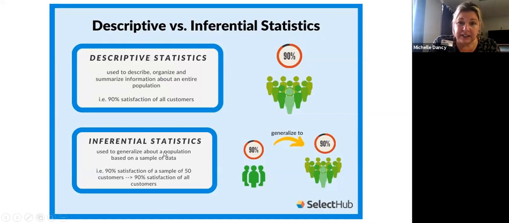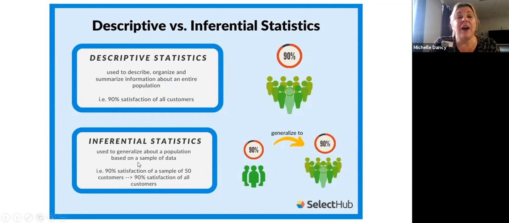Inferential statistics, I would take a sample, and if my sample had a 90% satisfaction rate, then I would generalize that or draw a conclusion about my population that says 90% of the whole population had a good satisfaction rate. Okay, so descriptive is used to describe, organize, and summarize information about the entire population.